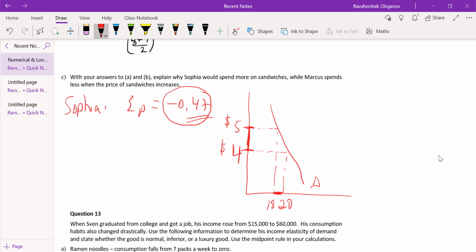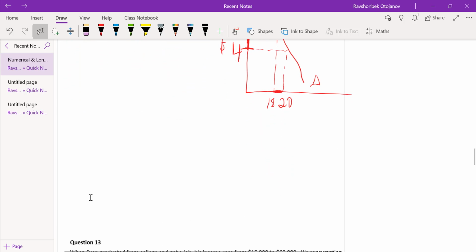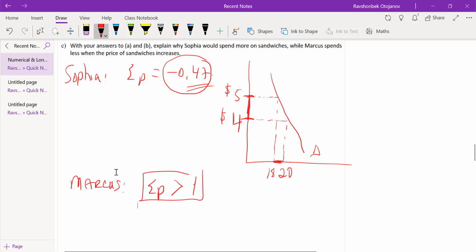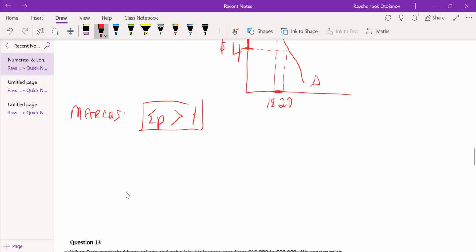Next is about Marcus. Marcus has a price elasticity greater than 1 basically. So that's an elastic demand. Marcus's price elasticity is 1.8 with a negative sign.